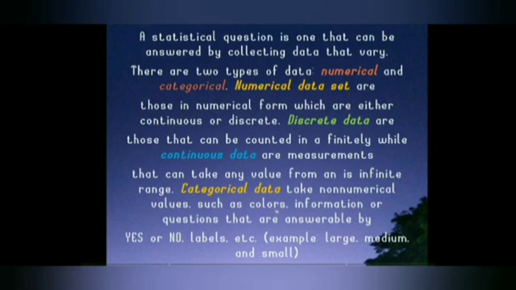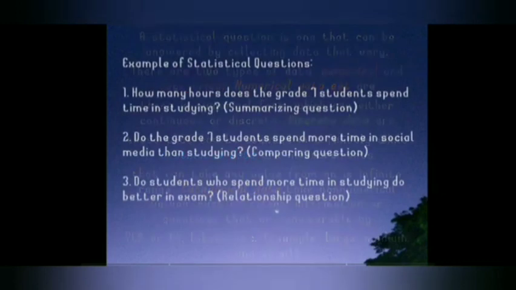While the categorical data take non-numerical values such as colors, information, or questions that are answerable by yes or no, labels, etc. For example, large, medium, and small.